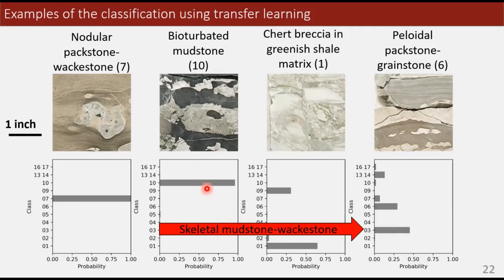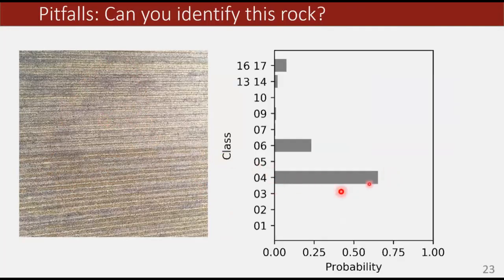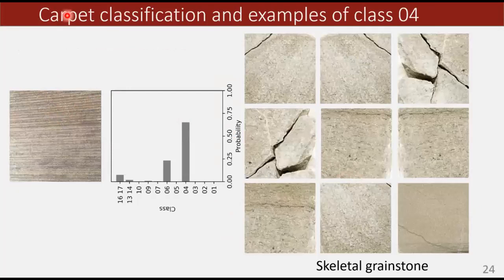And at that time, a point that we raised was this one: using this image as input to the model, it is quite confident, almost 70% probability assigned for the skeletal grainstone class, but this is actually a picture of the carpet in Sarkis and 8th floor.